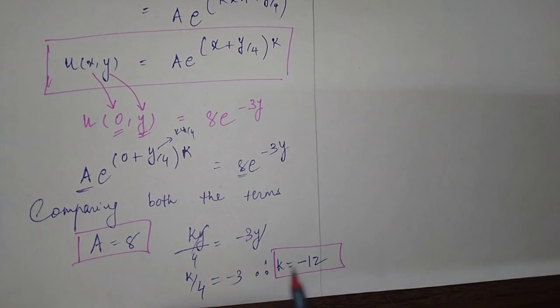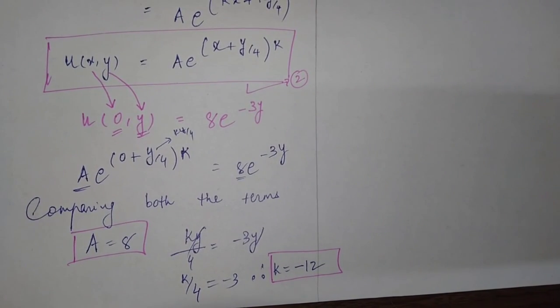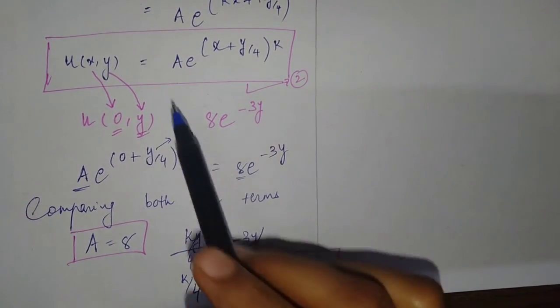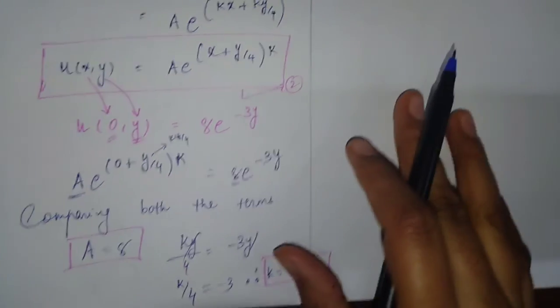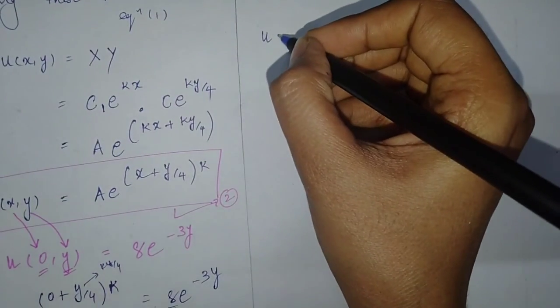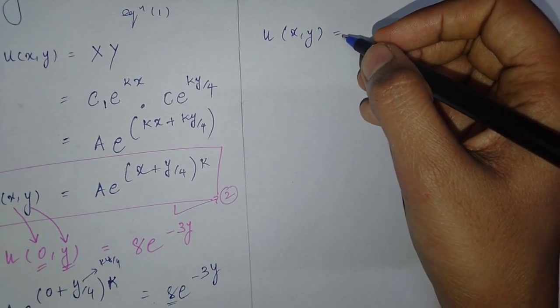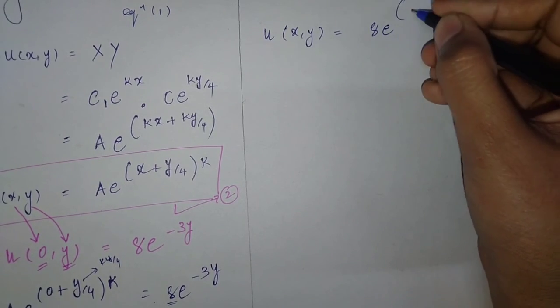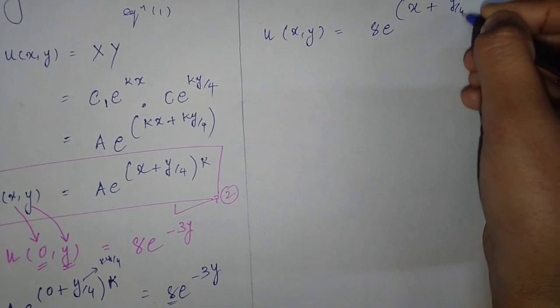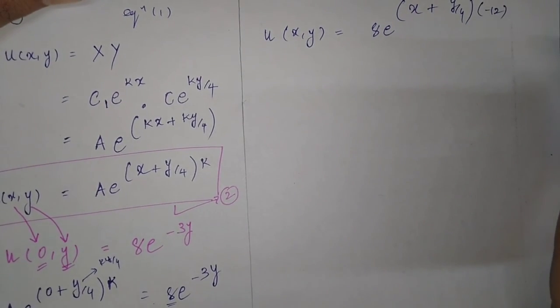Now we will put both these values in equation number 2. In equation 2, wherever there is a we will put 8, and wherever there is k we will put minus 12. Okay, so we will get U(x, y) equal to 8 e raised to (x plus y by 4) into k, that is minus 12.